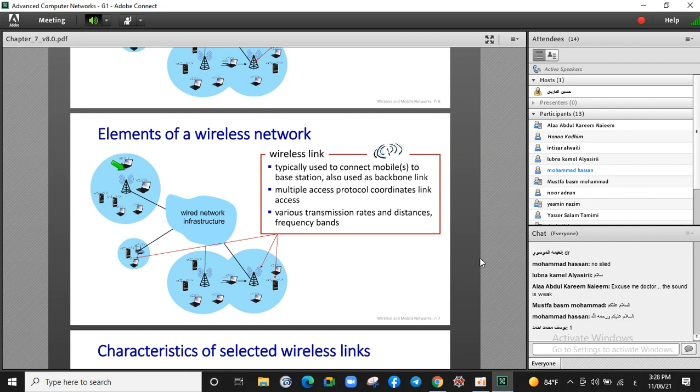Sometimes, not always. Most of the time we use wired links as a backbone link, but sometimes, for example, there's an antenna in a big desert.